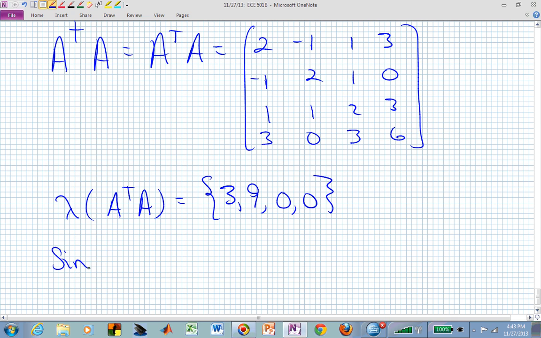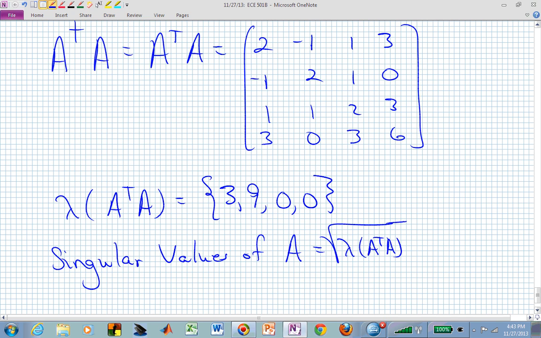So our singular values of A in our example are going to be the positive square roots of these eigenvalues of A transpose A, and that says they will be 3, square root of 3, 0, and 0.